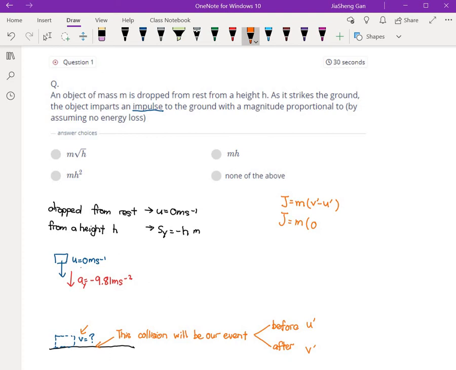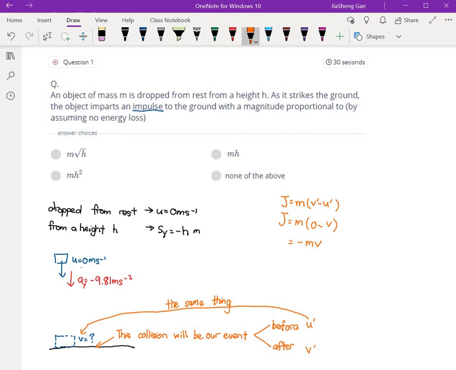So we know that it's m times 0 minus v. Then J is equal to negative mv. Until this part, it's all what we have learned before.